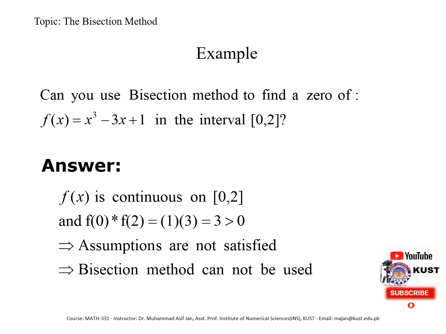Now we will find the function values at the endpoints 0 and 2. The function value at the endpoint 0 is 1, and the function value at endpoint 2 is 3, and their product is 3, which is positive, which means that the second condition of the bisection method is not satisfied. So in this situation, the bisection method can't be used.